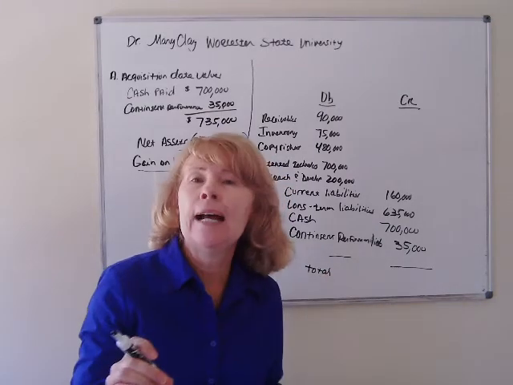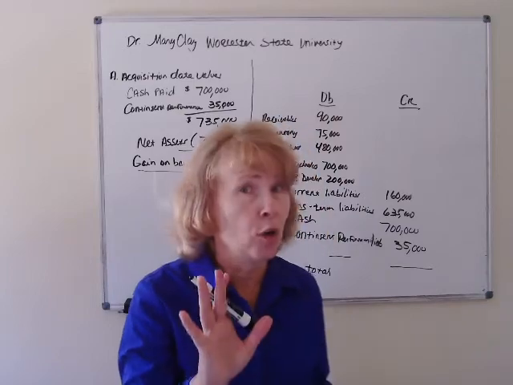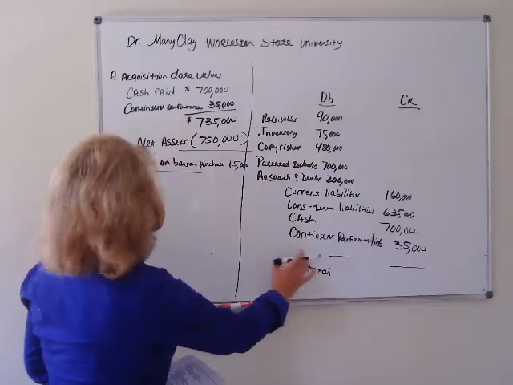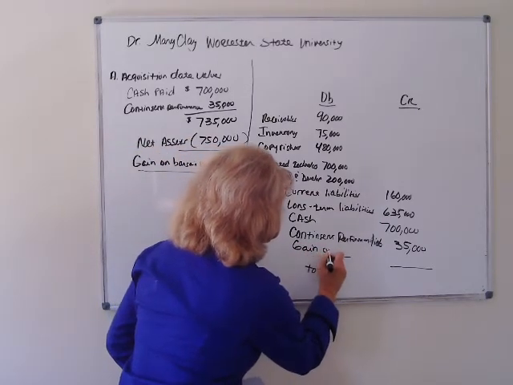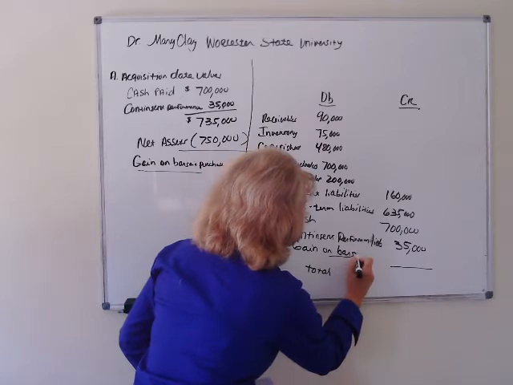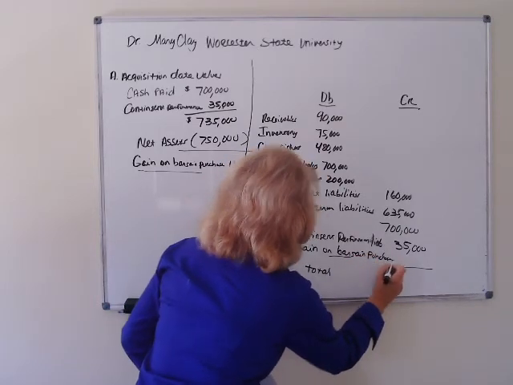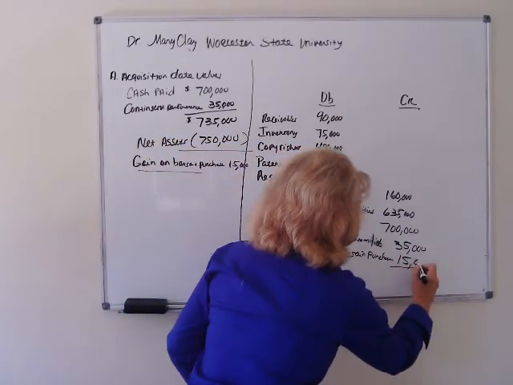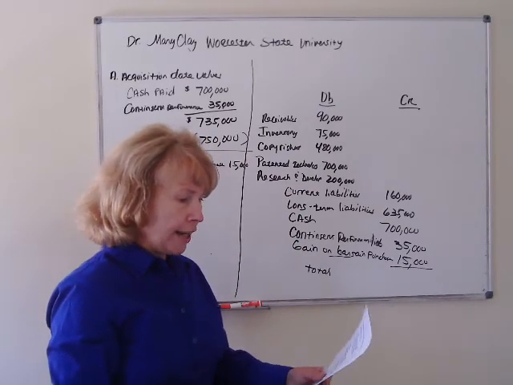Now, you won't have to do that in the lab, but do that for your own notes, okay? Don't forget that. All right, so I would have caught that, which I did, and it's gain on bargain purchase, and that is 15,000. Okay, so that's how you do the journal entry for the A.